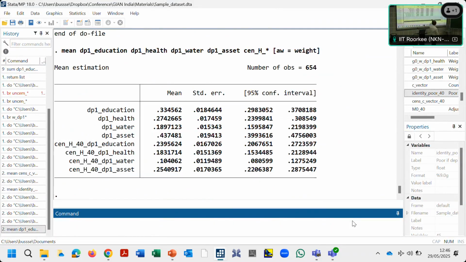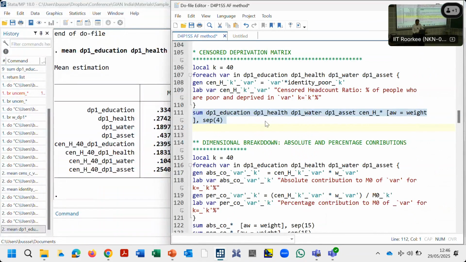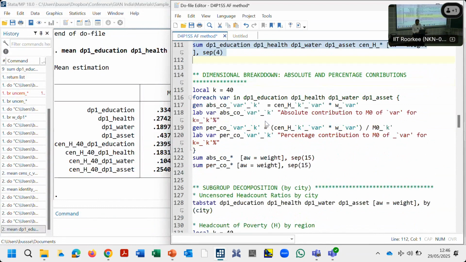If you do mean, look, it is giving you the standard error as well as the confidence interval for the entire data. Okay? Are we all on the same boat? Anyone lagging behind?